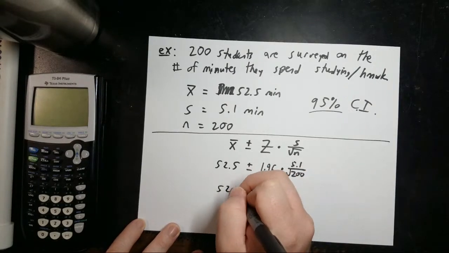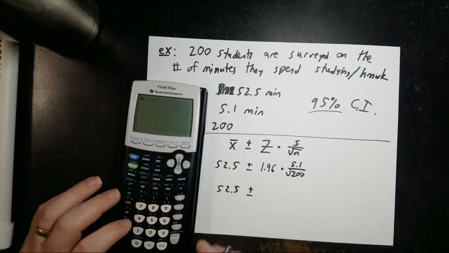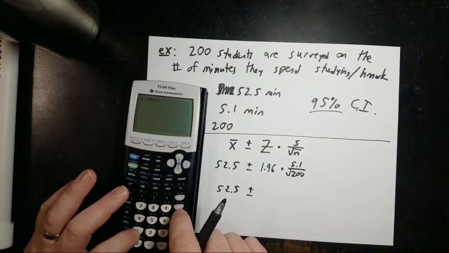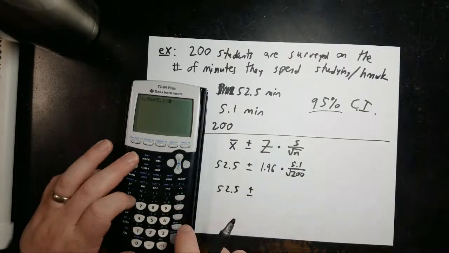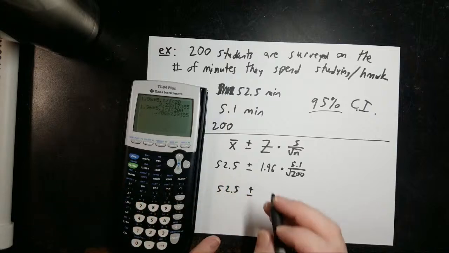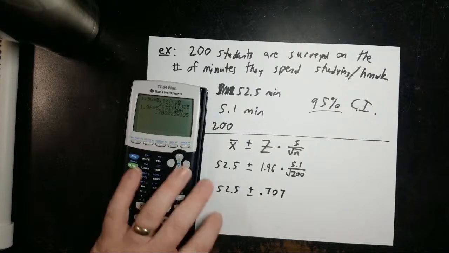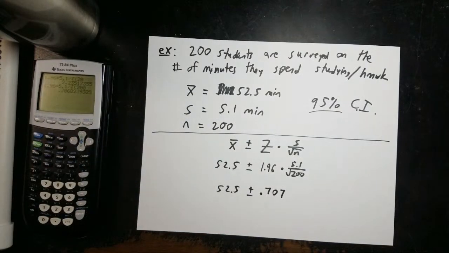This becomes 52.5 plus or minus 0.707. So, to construct this interval, we would add 0.707 and subtract 0.707 from that number.